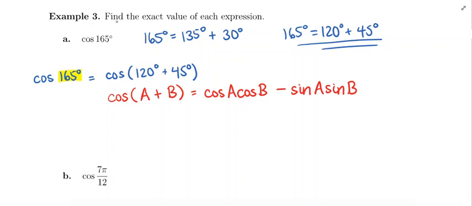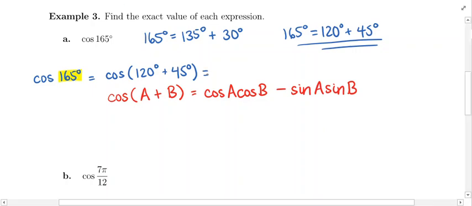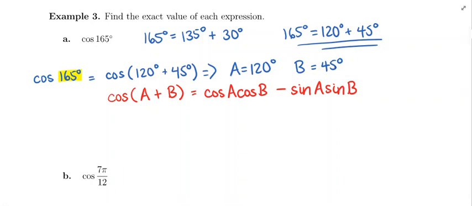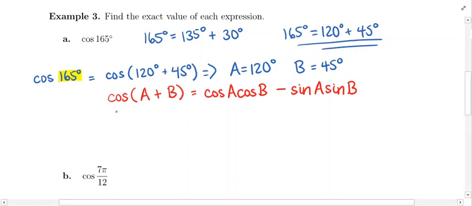So again, if you match up the two sides, we see that A is 120 degrees and B is going to be 45 degrees. We're going to plug these values into our identity, and then we're going to simplify, and the number that gets spit out is going to be the cosine of 165 degrees.